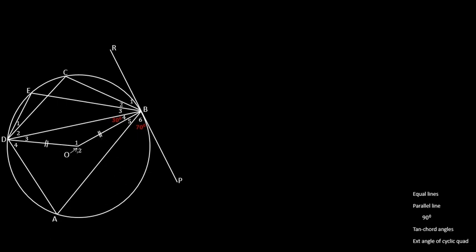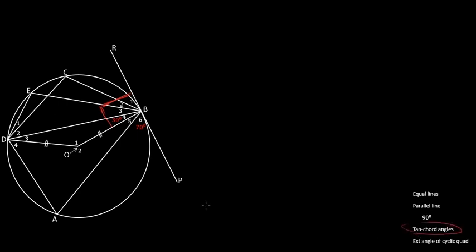And that makes triangle ODB an isosceles triangle. Are there any parallel lines? No parallel lines. A 90 degrees, yes, remember radius is perpendicular to tangent. This is a 90 degrees.